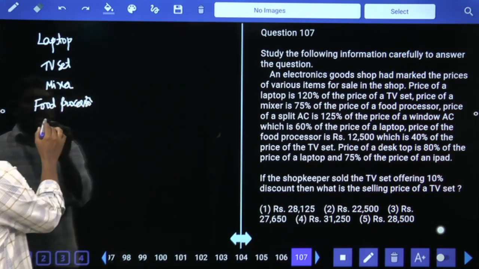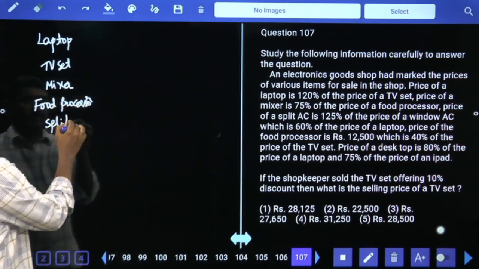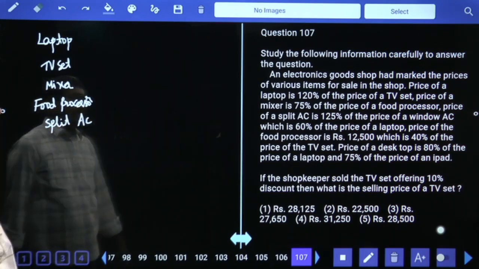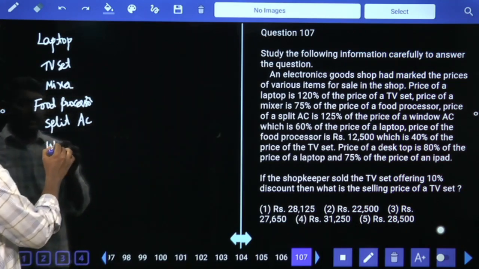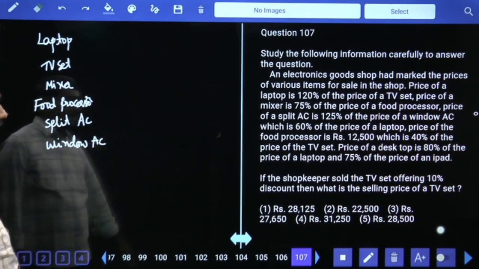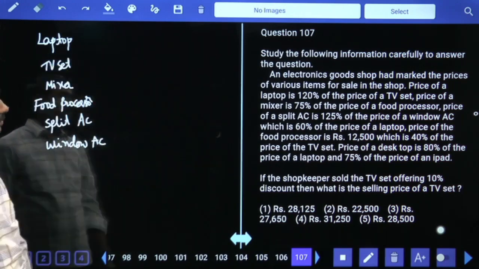Price of a split AC is 125% of the price of a window AC, which is 60% of the price of a laptop.